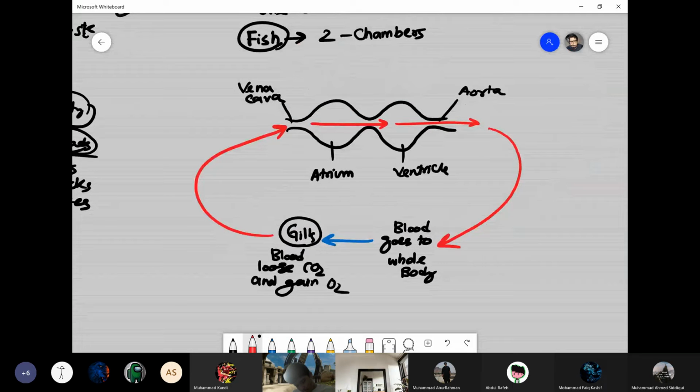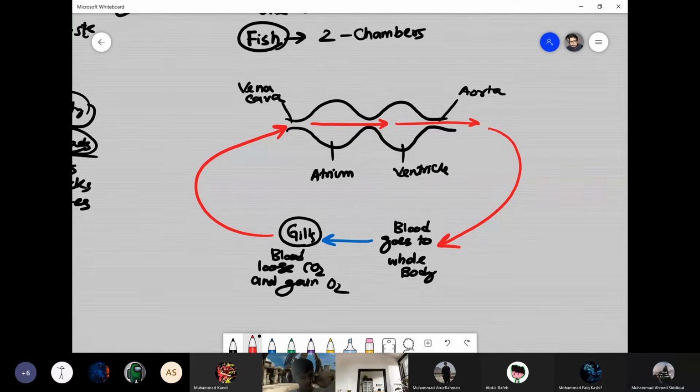So boys, as you see over here, this blood is moving in one direction, right? So that is why this is called a single circuit heart, because the heart is pumping the blood in one direction. Did you understand this? Yes, sir.